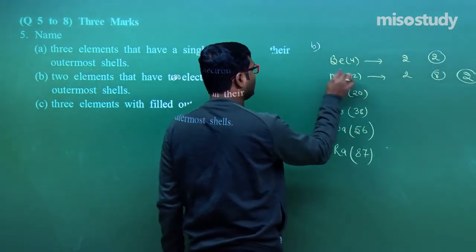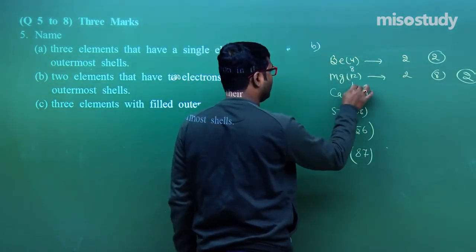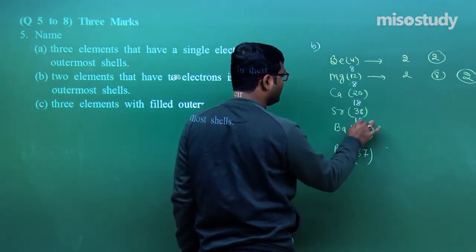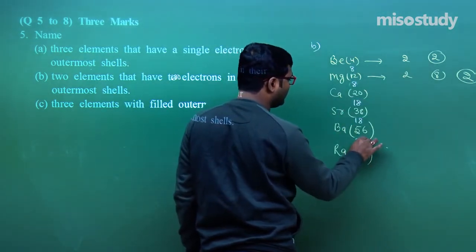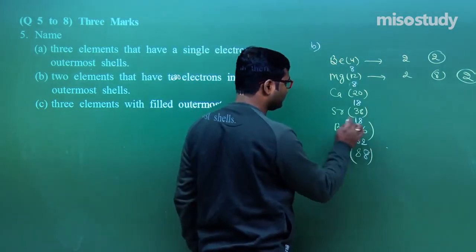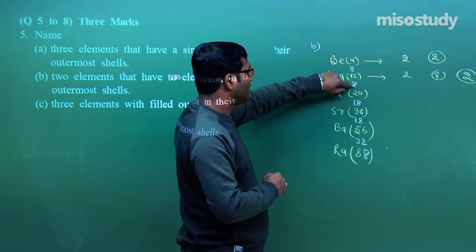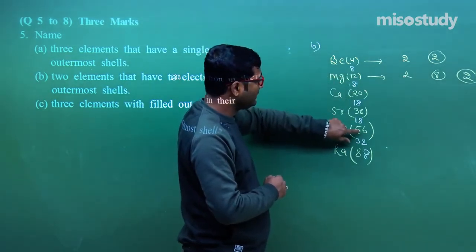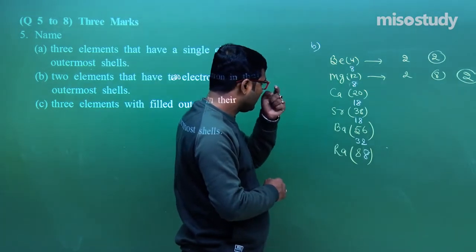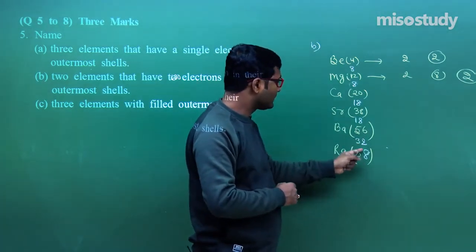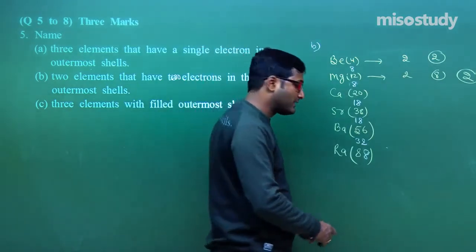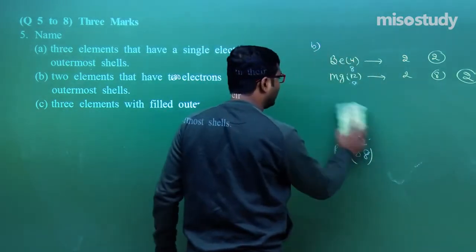We know the magic numbers, that is 8, 8, 18, 18 and 32. Clear to you? Check it out. 12, 20, 38, 56, then there comes 88. They all will have 2 electrons in the outermost shell, and they are called alkaline earth metals.